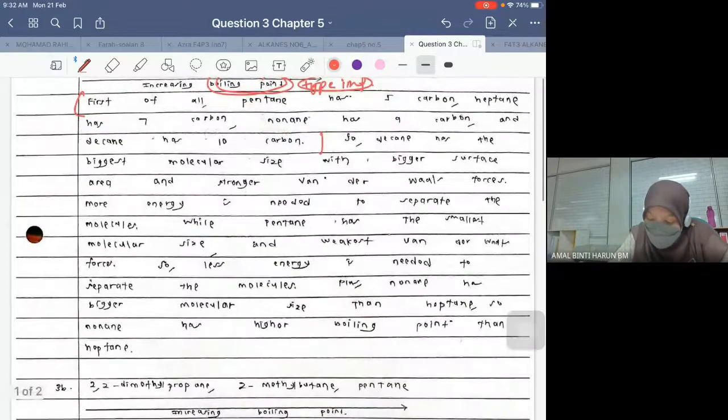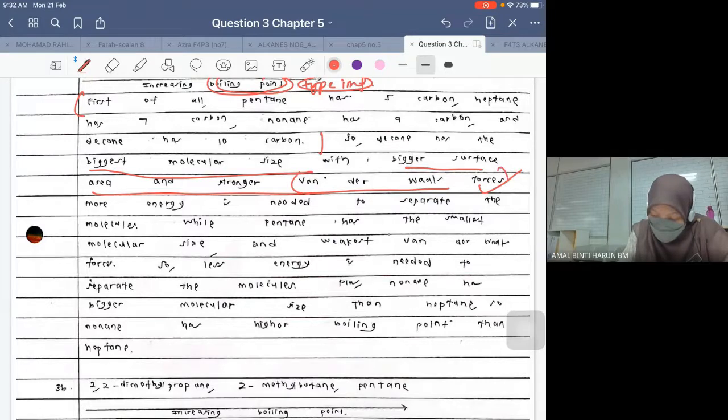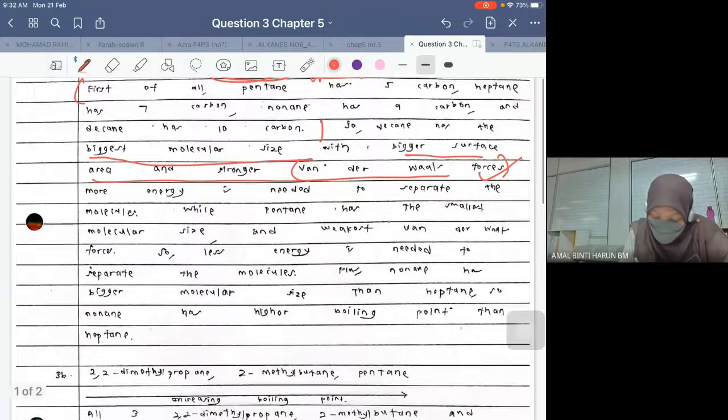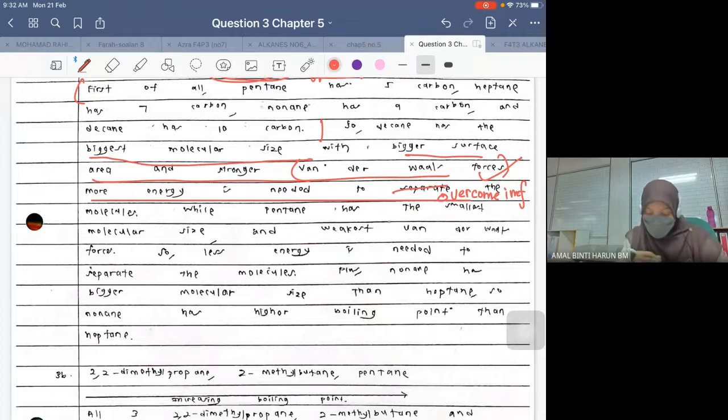Okay, so decane has the biggest molecular size, bigger surface area and stronger van der Waals forces. Okay, and then more energy required to separate the molecule, to overcome intermolecular forces ataupun van der Waals forces.